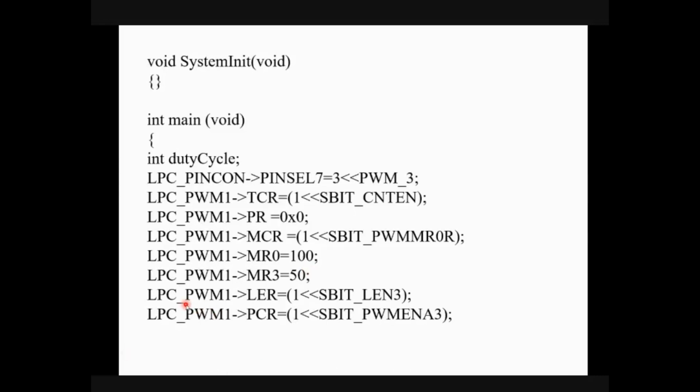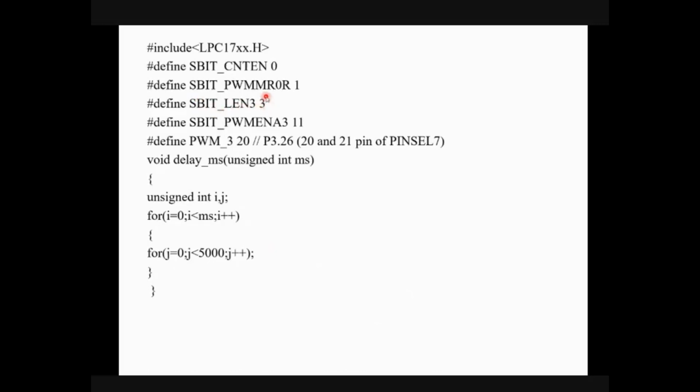Then LPC_PWM1->LER. LER is the load enable register. As I told already, we are using PWM3, so that particular bit designated for PWM3 has been defined using the variable SBIT_LEN3. SBIT_LEN3 points to the third bit of the LER register. The third bit of the LER register allows us either to enable or disable the loading of a new value into the match register.